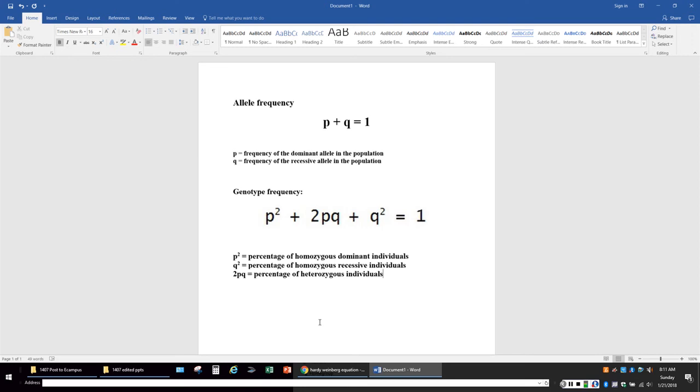And then what we call 2pq, these are our heterozygotes, big B, little b, okay?